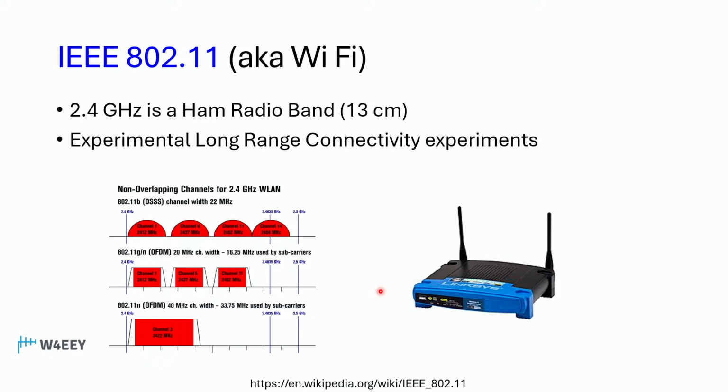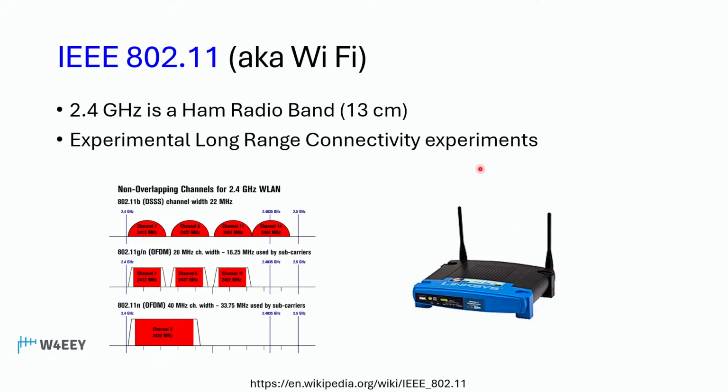And hams use conventional Wi-Fi routers like this with custom software. And they can set up their own long-range networks on the 2.4 gigahertz band. Hams can go up to 10 watts on these radios, so they can add amplifiers and things.